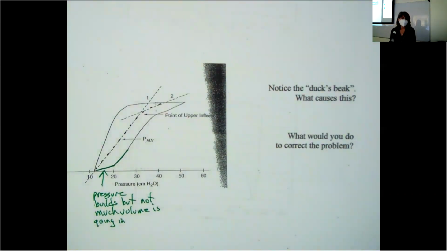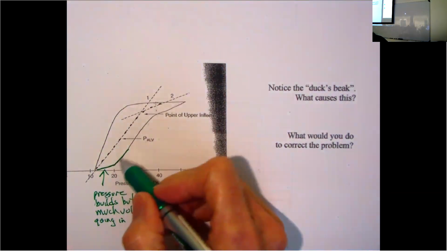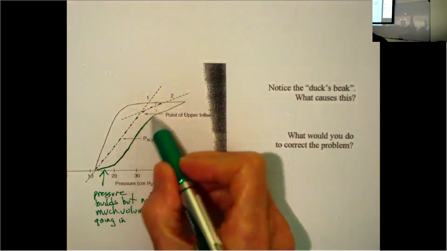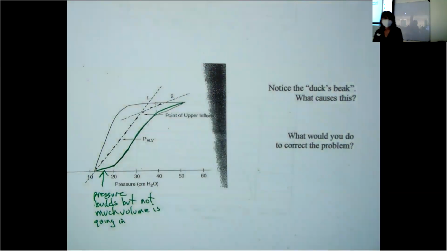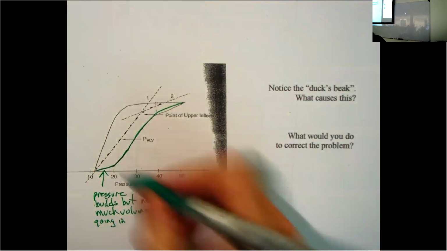So I said pressure is building up, but not much volume is going in. And then all of a sudden, lots of volume goes in. So when you see the line going up, that's all the volume going into the lungs. So that point where it changes direction, a lot of pressure, and all of a sudden the volume starts going in, that's called the lower inflection point.